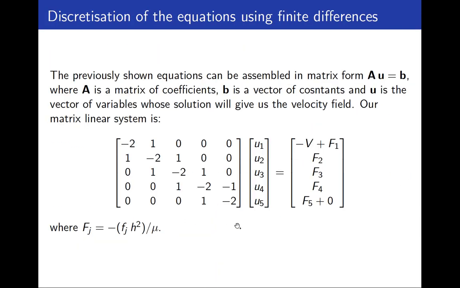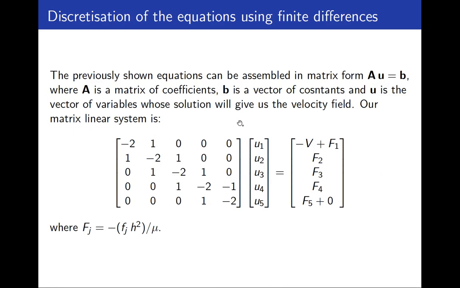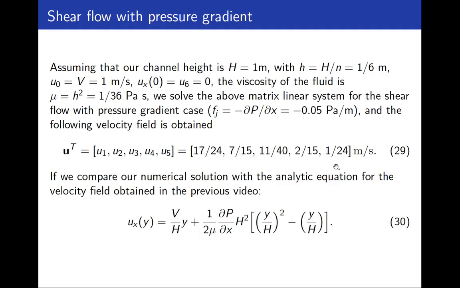Now let's solve the matrix linear system, but for the shear flow with pressure gradient. We use the same constant values of height, velocity at the top plate, and viscosity, but now we introduce a source term, which is the pressure gradient, which will adopt this value. The pressure gradient has units of pascals per meter, and we substitute these values into here, solve the matrix linear system, and obtain this vector field, which has units of meters per second.